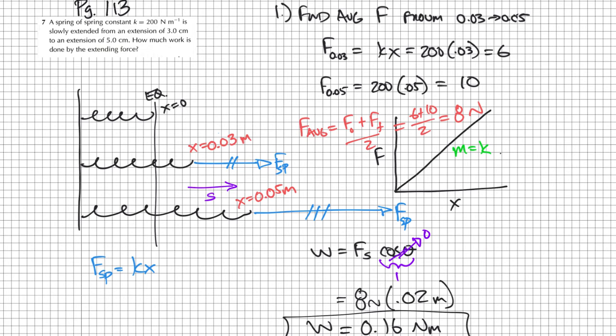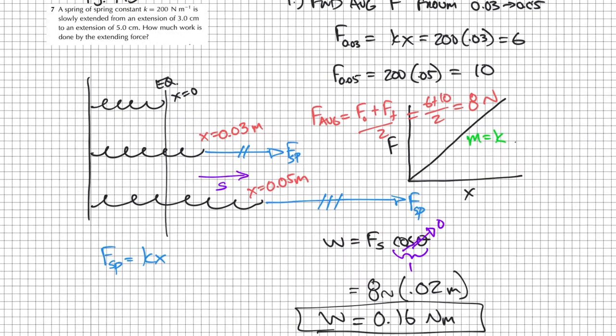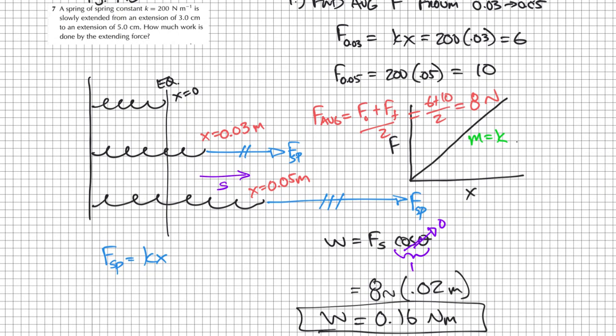The other way you could do it is using the idea of energy. The potential energy of a spring is 0 here, then this has potential energy greater than 0, and then this has potential energy which is much bigger than 0, but it's greater than this one, right?